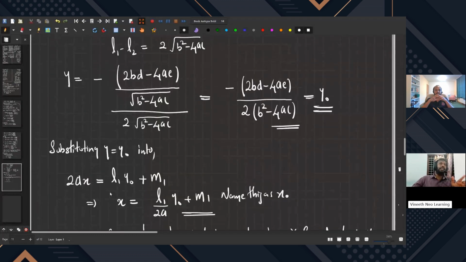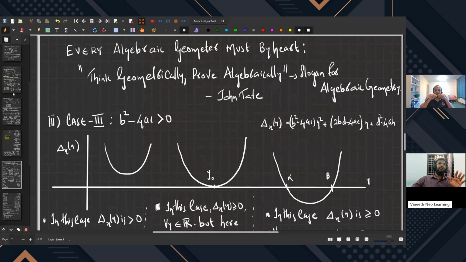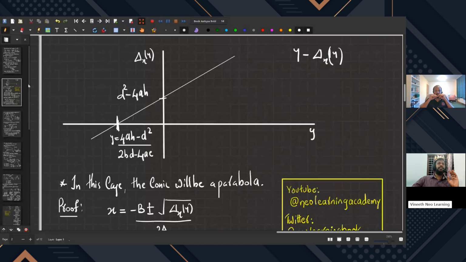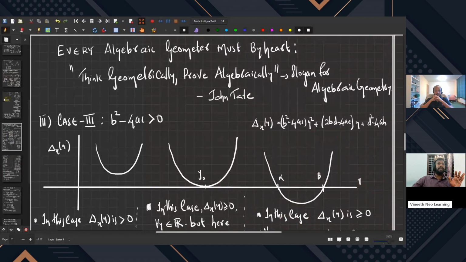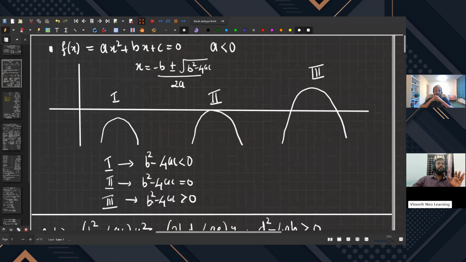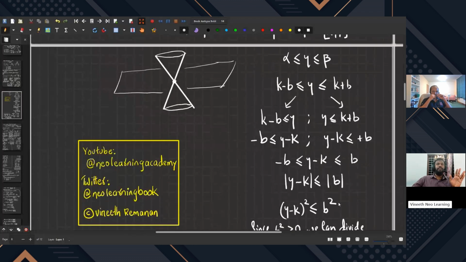In the next class we are concluding with the classification of conic sections, because we have looked at all cases. We looked at the first case where b square minus 4ac is equal to 0, and showed that it's a parabola. Then the case where b square minus 4ac is less than 0, where no conic section, a point, or an ellipse can be formed.